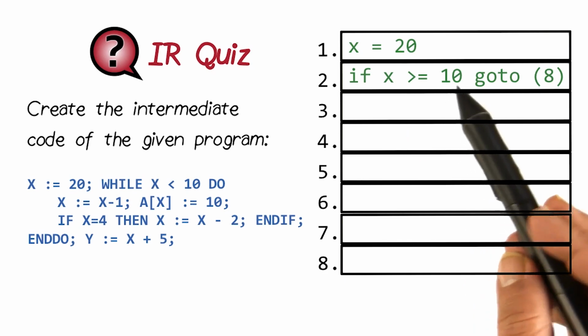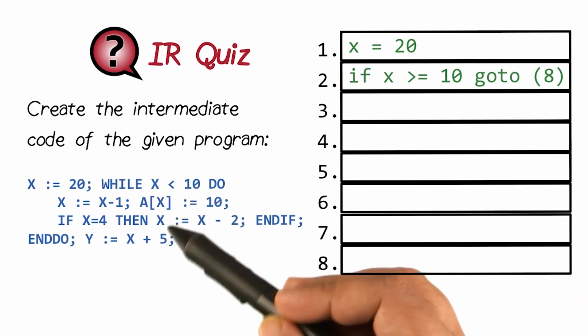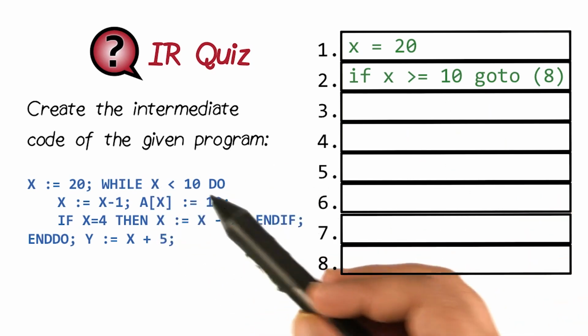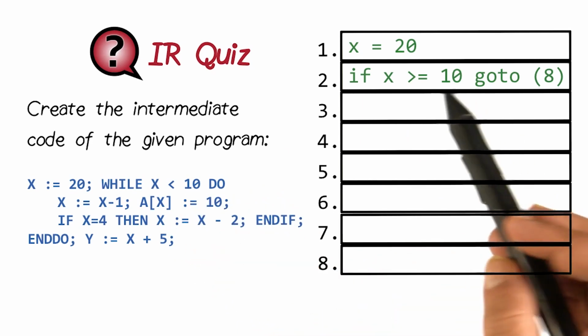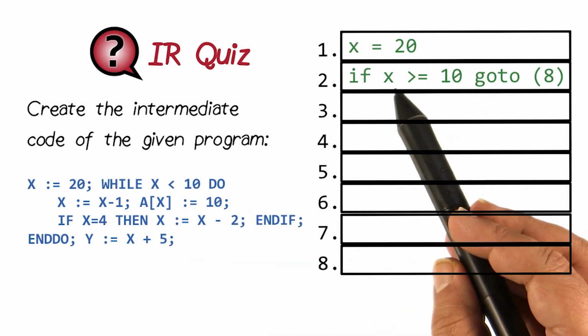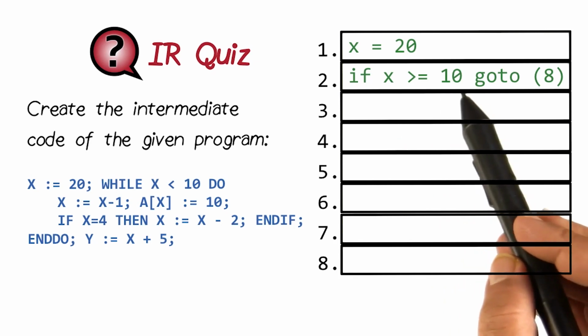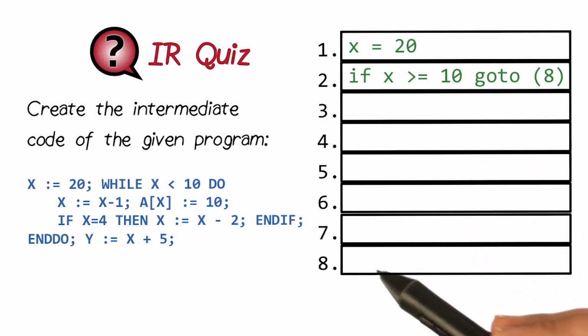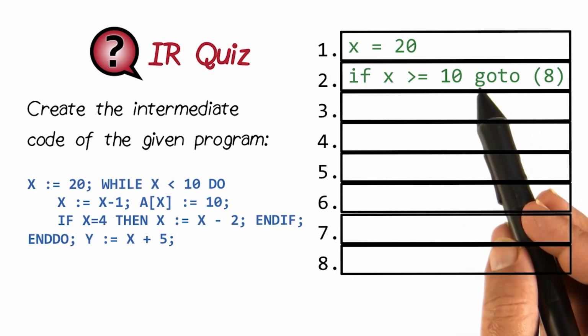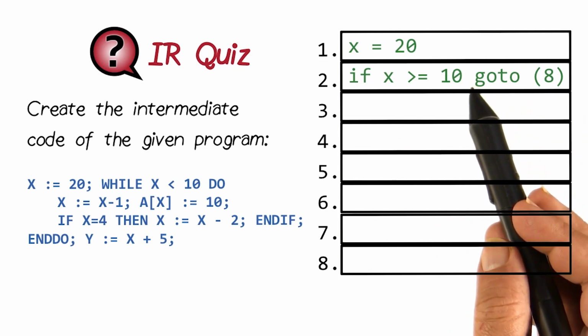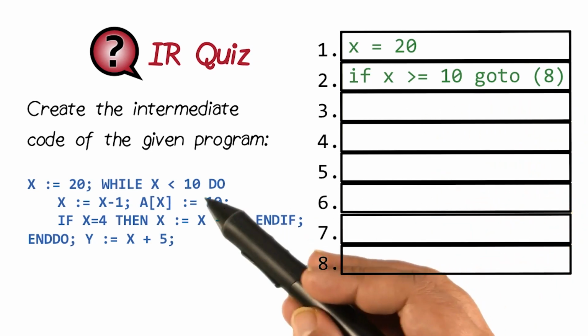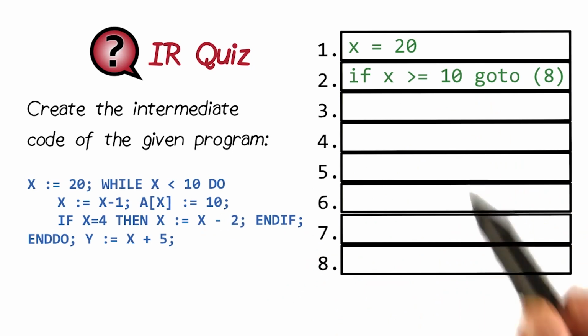If X, for example, is less than 10, then we continue execution inside the loop. To show that we are branching out, however, we have taken a negation of this condition, which is X greater than or equal to 10. If that is the case, then we are branching out of this loop. Of course, if this condition is false, which means that we are going to continue execution inside the loop, here it will be a fall through.